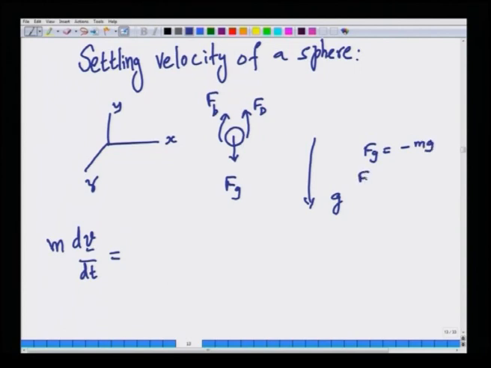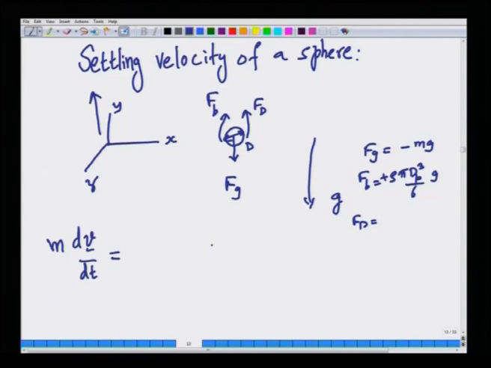F buoyancy is plus the volume of the sphere, and let us assume the diameter of the sphere to be dp. The buoyancy acts in the plus y direction, opposite to the motion of the particle, which is rho pi dp cube by 6 times g, plus. Then there is drag force, which is also in the plus y direction.